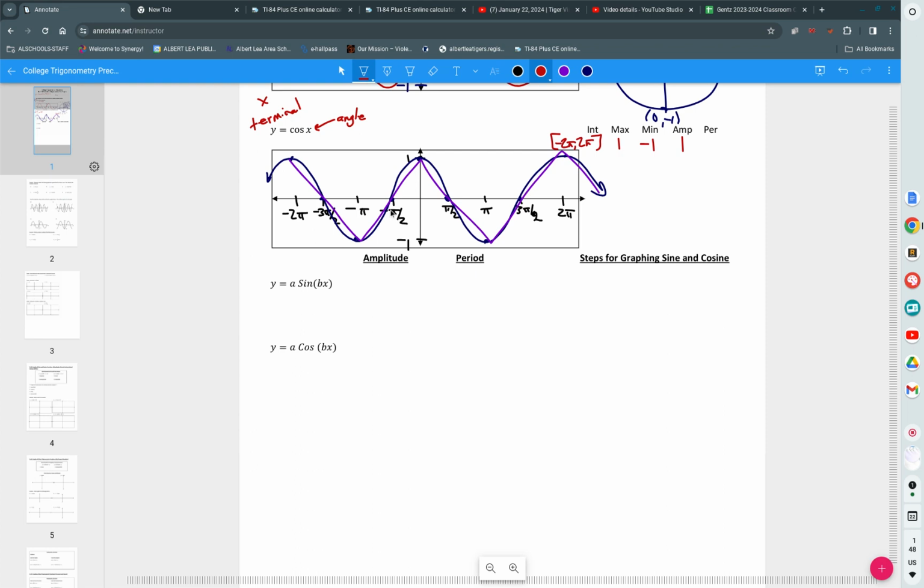The period is how often it repeats itself. Cosine starts on top, and how many x values does it take before it gets to that spot again? 3, 4, 5. Which is a total of 10 pi. Or rather 2 pi.